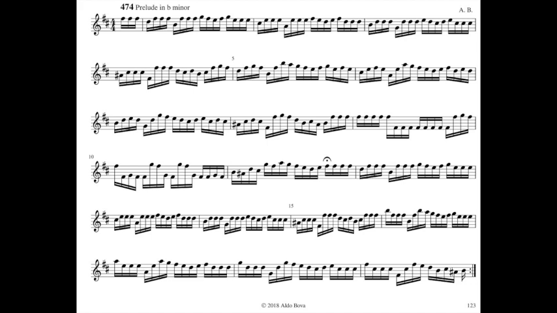Why? Bar number 4 had to be this, to respect the structure exactly: bars 1, 2, 3, 4 have to be like this. I play it from the beginning.